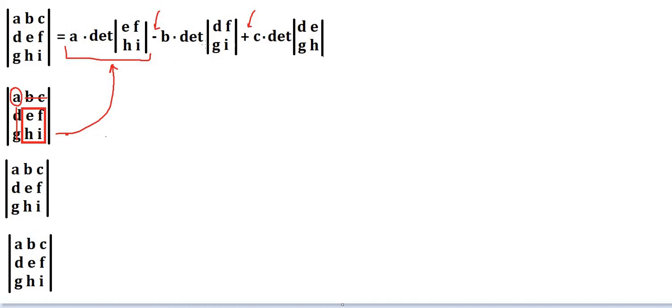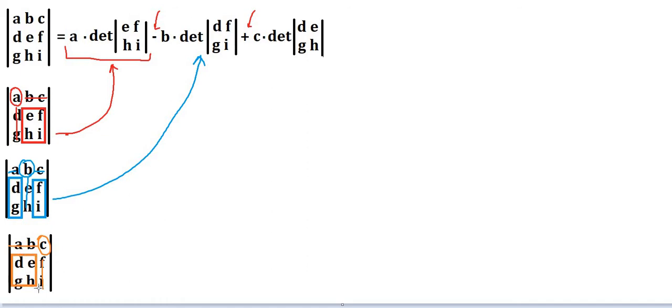And as the second part of our equation, we take the entry B, make a horizontal line and a vertical line through B, and whatever is left over is our 2 by 2 matrix. So we combine this. B times the determinant of that 2 by 2 matrix, plus entry C, make a horizontal and vertical line, so you don't have to memorize.